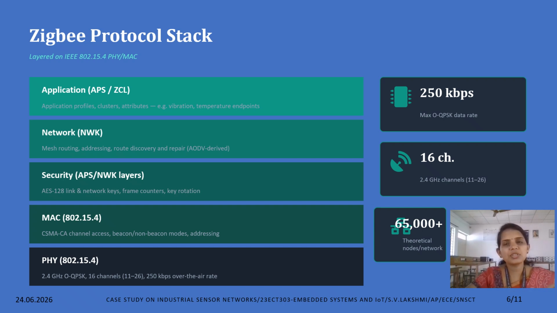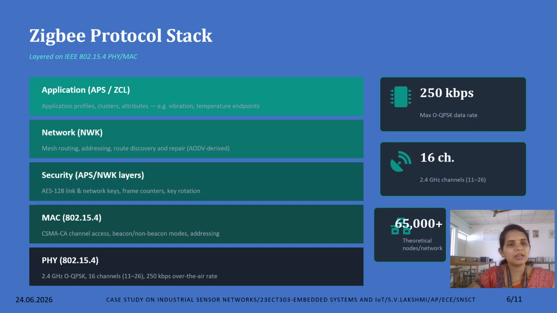The router nodes extend the communication coverage and relay the information between the sensor nodes and the coordinator. The Zigbee coordinator collects the data from all the sensor nodes and sends it to the monitoring computer. And the monitoring station will control the sensor reading, alarm notification, and give the maintenance report.